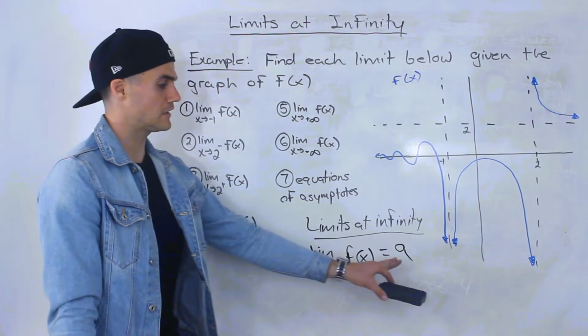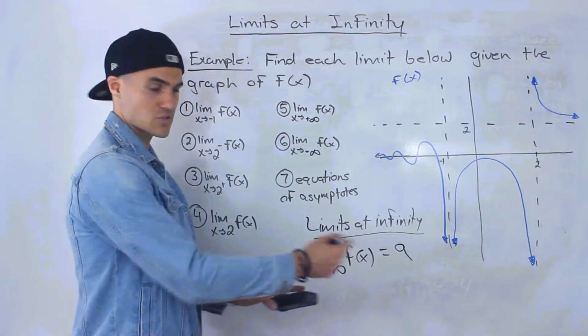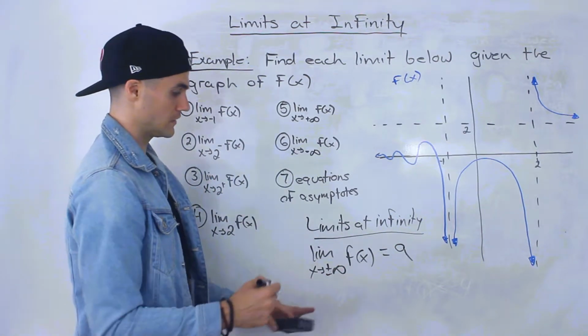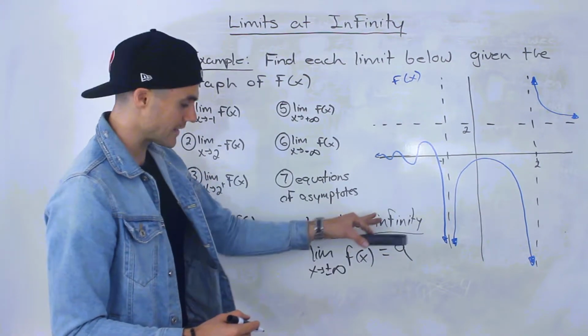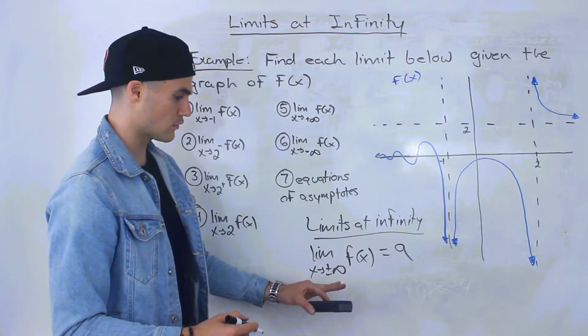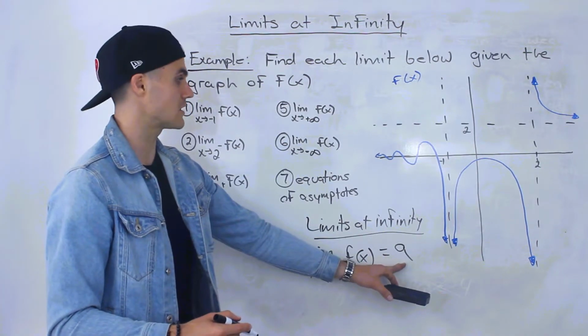So it's like the infinity and the number have been switched around. So with infinite limits, the number's here, the plus or minus infinity is there. Limits at infinity, the infinity symbol is here, and then the number is here.